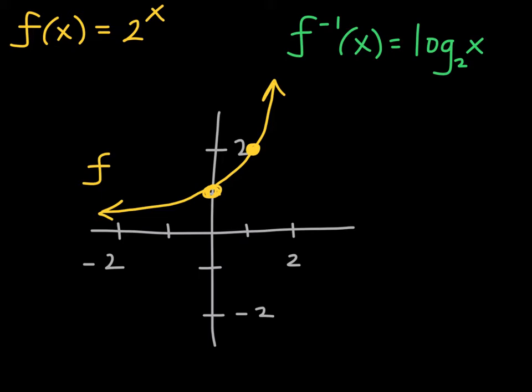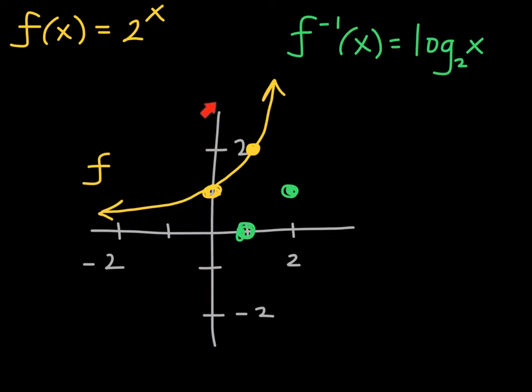And then remember that what we can do is just switch the order of the coordinates in order to get the graph of the inverse. So instead of 0, 1, we'll have 1, 0. Instead of 1 comma 2, we'll have 2 comma 1. And watch this, everybody. Instead of the x-axis being an asymptote, I'm going to have the y-axis be the asymptote.